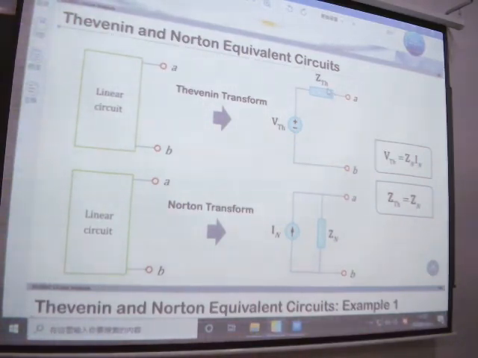And we also know our RTH equals RN, so they are changed to ZTH and ZN as well. Those two are equivalent. We must know this, okay? And this one satisfies this relation: our VTH equals ZN times IN. Or you can put it as VTH, because they are equivalent. So that's the same, okay?